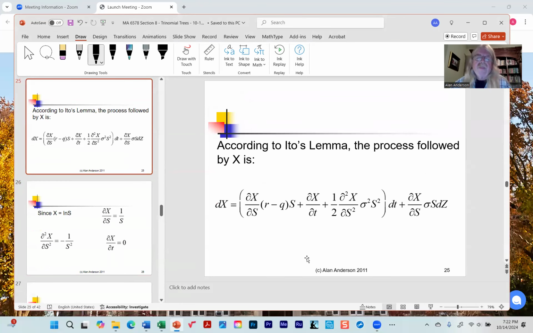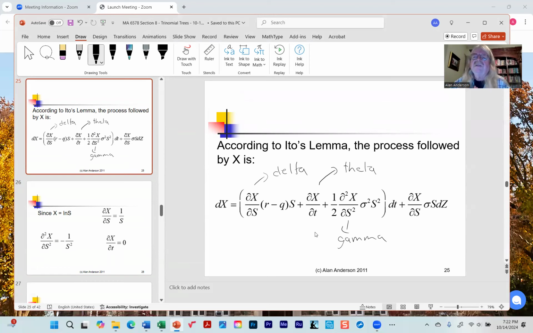For example, this is delta, this is theta, and this is gamma. We did this in the last semester, but I just want to mention that as we go along. And so this is the result.